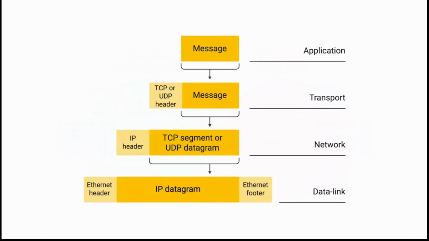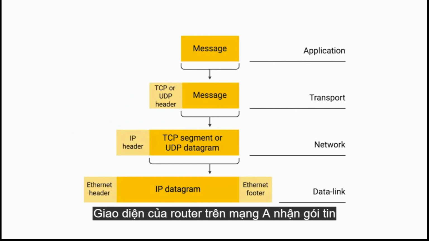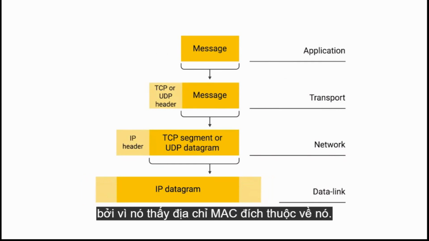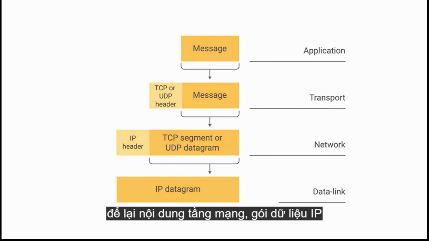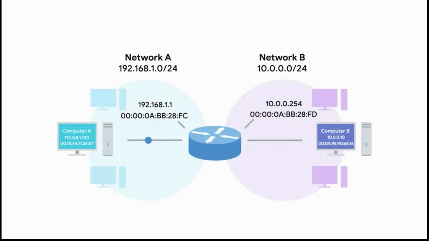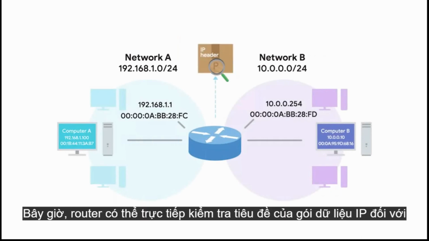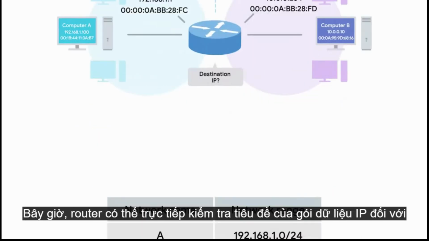The router's interface on network A receives the packet because it sees that destination MAC address belongs to it. The router then strips away the data link layer encapsulation, leaving the network layer contents, the IP datagram. Now, the router can directly inspect the IP datagram header for the destination IP field.